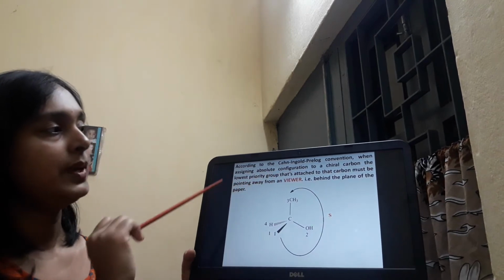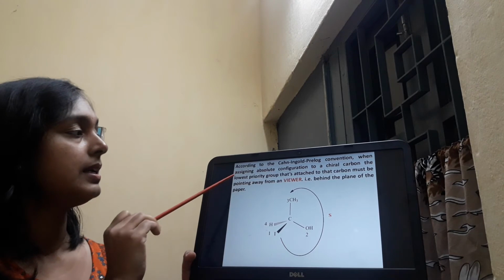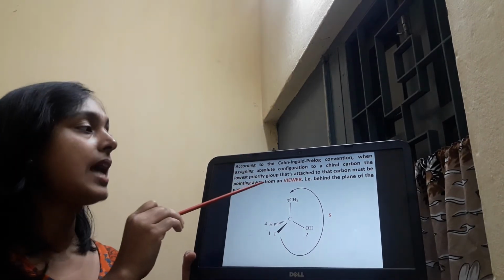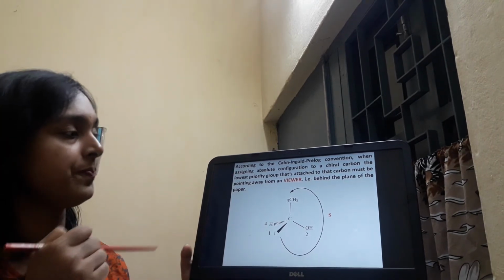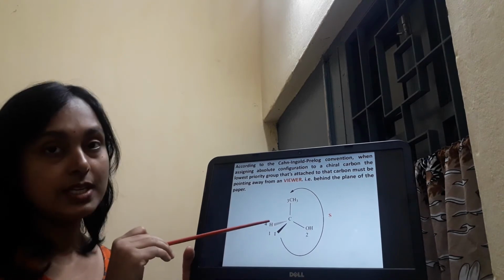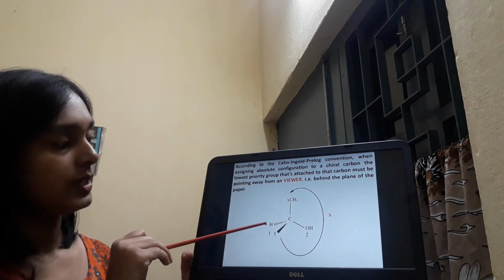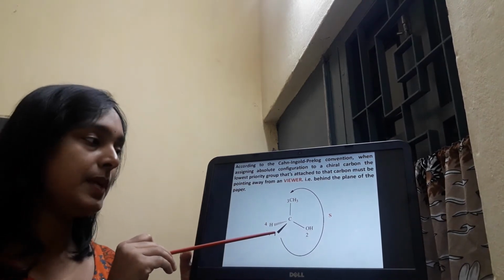According to the CIP rule, CIP convention method, when assigning absolute configuration to a chiral carbon, the lowest priority group attached to the carbon must be pointing away from the viewer. It will be backward or behind the plane of the paper. So here in this example, yes, the hydrogen is behind the plane of the paper and far away from the viewer. Highest priority will be given to iodine because it has the highest atomic number.